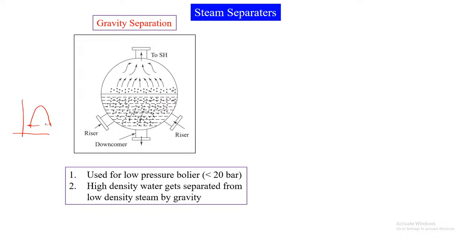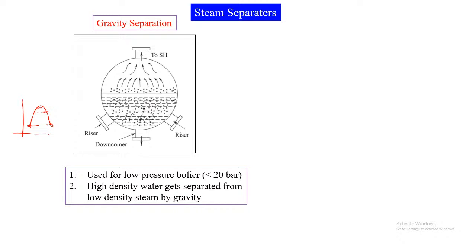At lower pressure there is a lot of density difference. At higher pressure the density difference is small, and as we go further high, the density difference becomes further small. Since gravity helps us to separate, and steam has low density while liquid water has higher density, here we will have gravity based separation. That's where the gravity based separation would work.